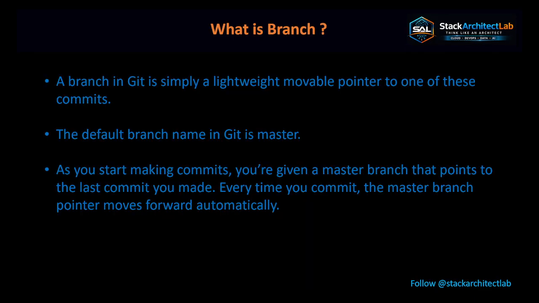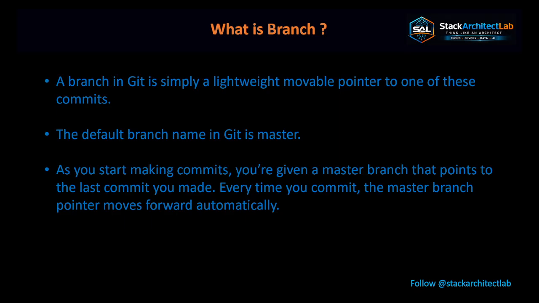Now let's understand what a branch actually is. A branch in Git is simply a lightweight movable pointer to one of these commits. Whatever commits we are making, they are getting created, and if we start moving some pointer in that, we call it a branch.